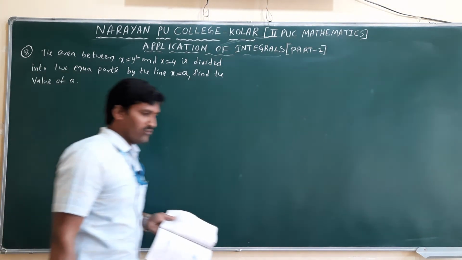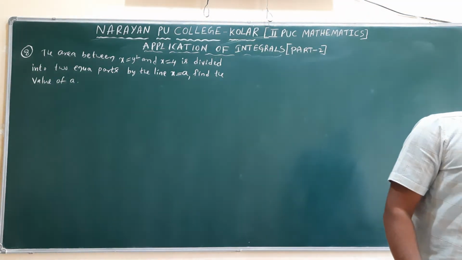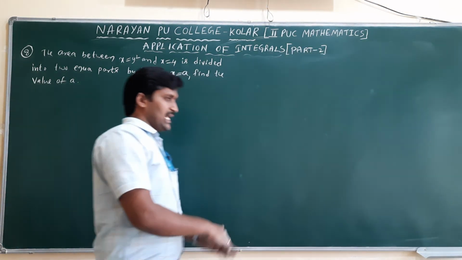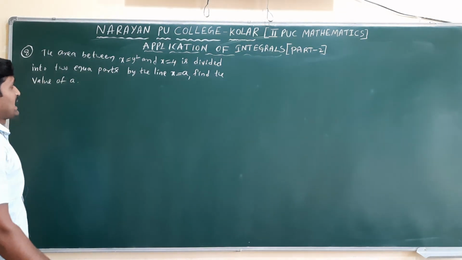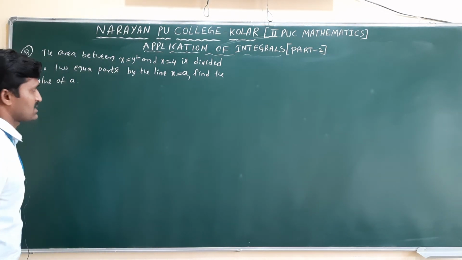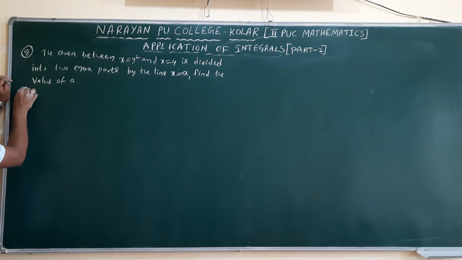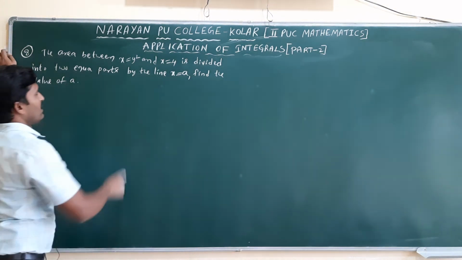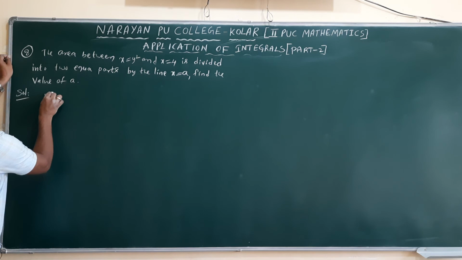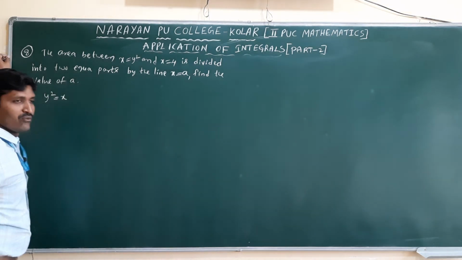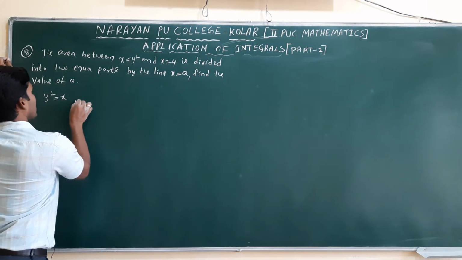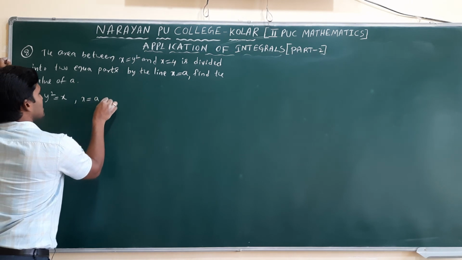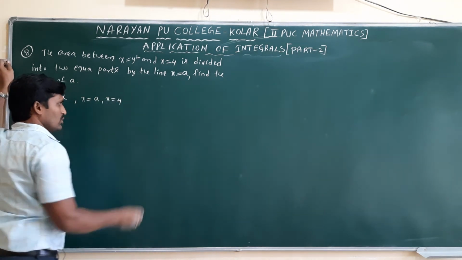Here a value we need to find. The area between parabola and x equal to 4 line, that area is divided by x equal to a line into two equal parts. Then we need to find the value of a. Now given parabola y square equal to x, that means first form of parabola, and x equal to a is there and x equal to 4 is there, two lines.